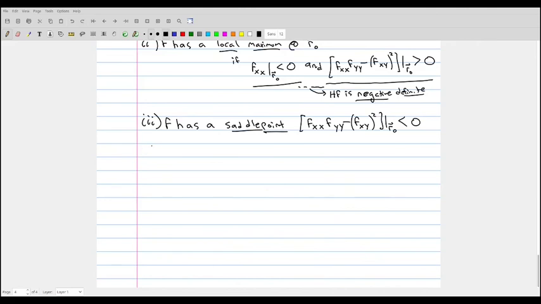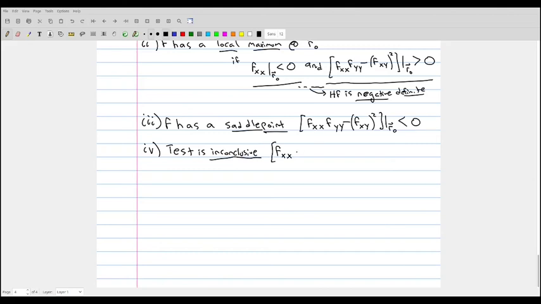And the last condition here, the fourth result we can have, is that the test is inconclusive or doesn't actually tell us anything about the critical point if this expression is equal to 0.